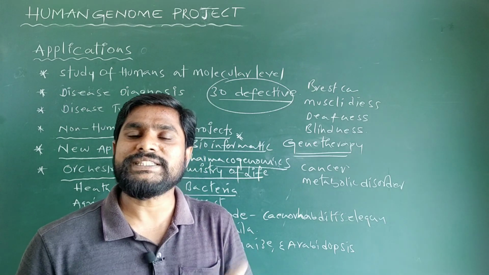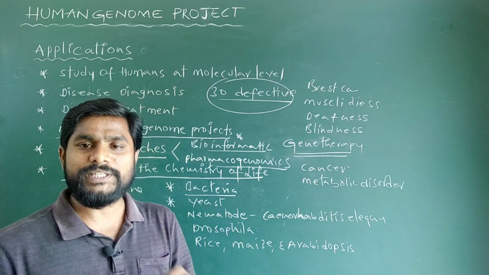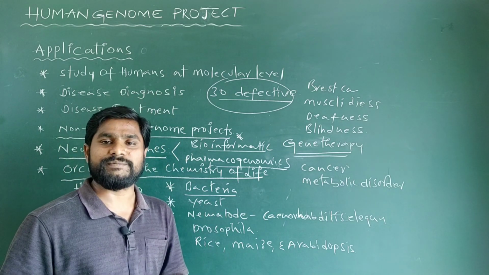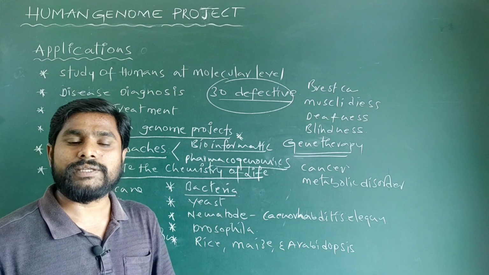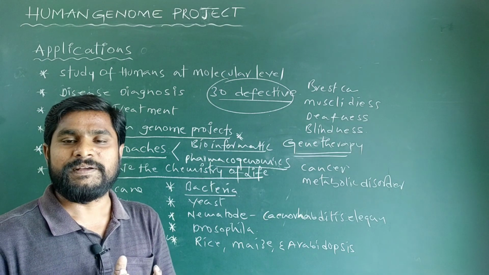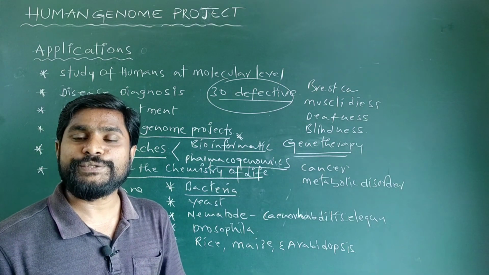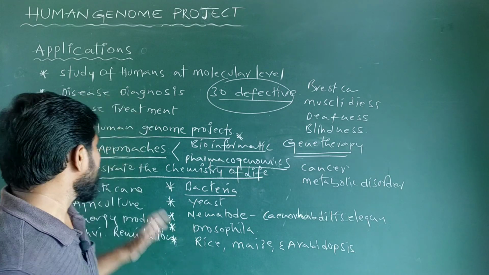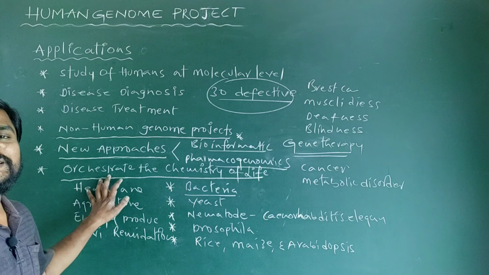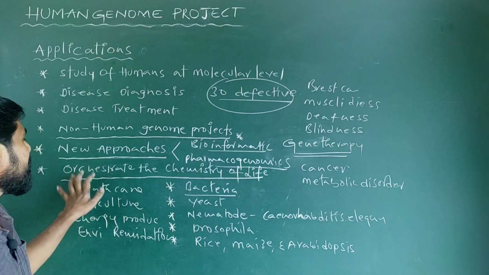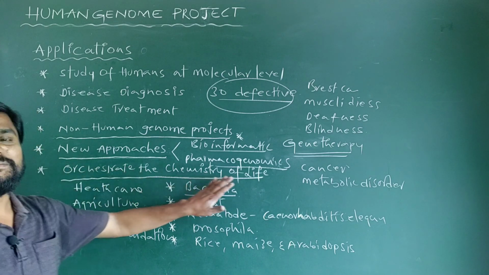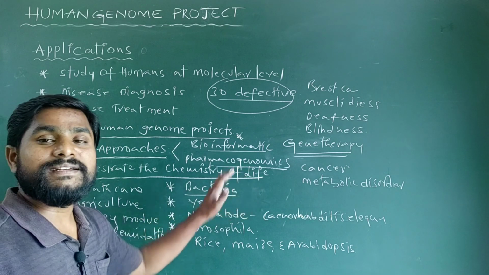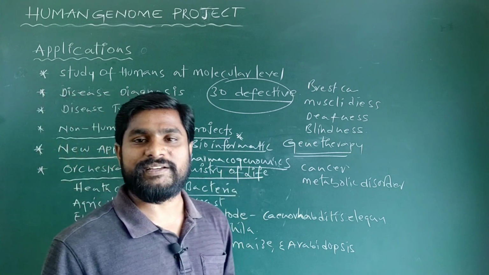Likewise, by knowing the sequence of nucleotides in all the genes of an organism, you can understand the coordinated work between cells, tissues, organs and organ systems. Which means by knowing the sequence of nucleotides in all the genes of an individual, we can orchestrate the chemistry of life. We can understand the biology of life.